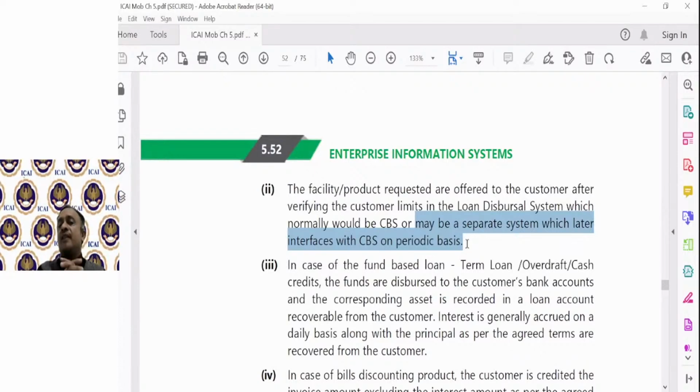Now, this is not being accepted in the core banking system. One reason the PNB Nirav Modi fraud continued for more than 6-7 years and no one was able to track it was that Punjab National Bank was using Finacle as software, but the fraud was tracked in a software that was not directly interfaced to the basic accounting system.